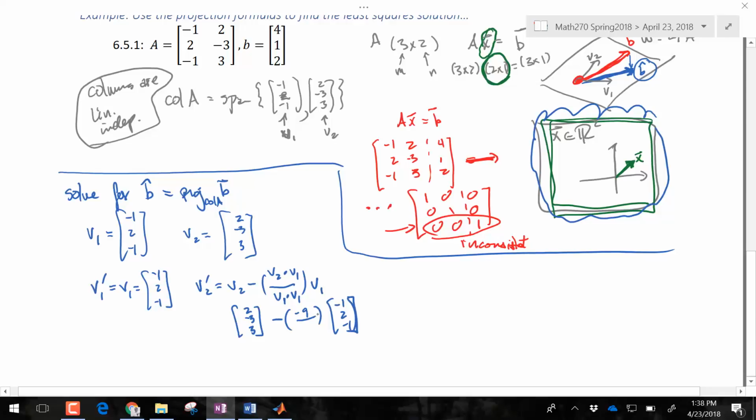Hmm? This is negative 11? Where did I get negative 9 from? And then V1 dot V1 is 6.